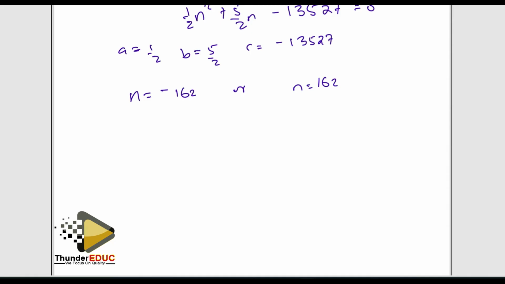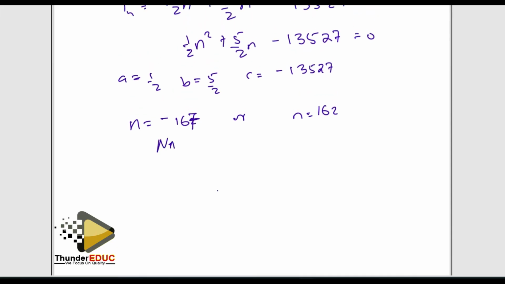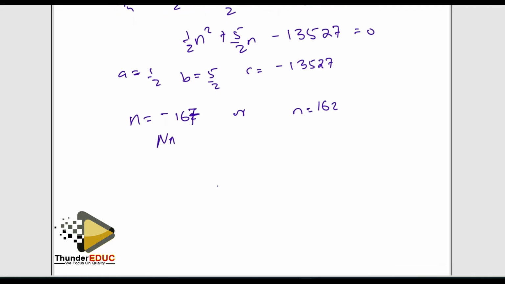Let me confirm that again so that we are on the same page. What do we get? Negative 162 and a positive 162. Now remember, the position of a term can never be negative, so the negative 162 is not applicable. What we are left with is 162.